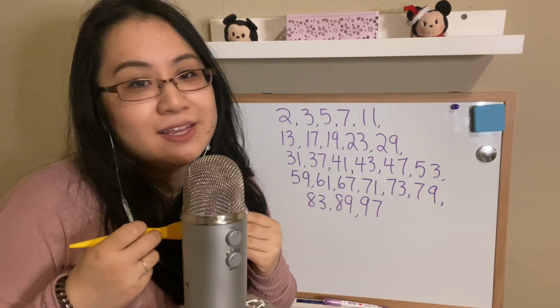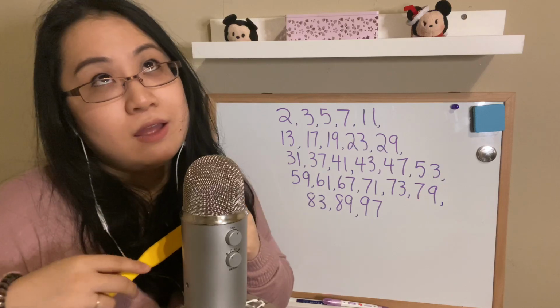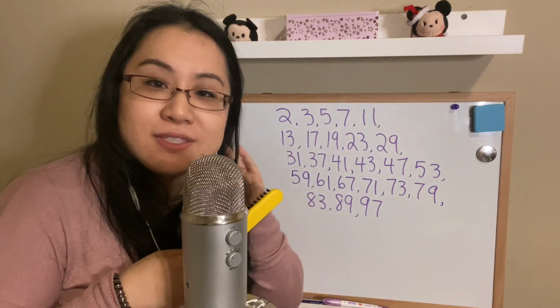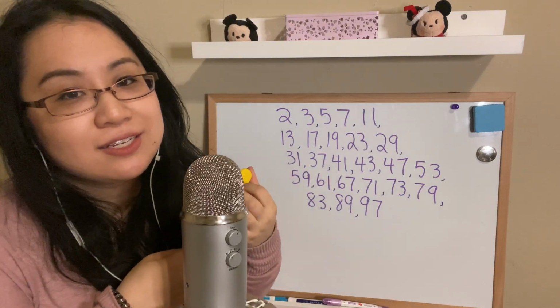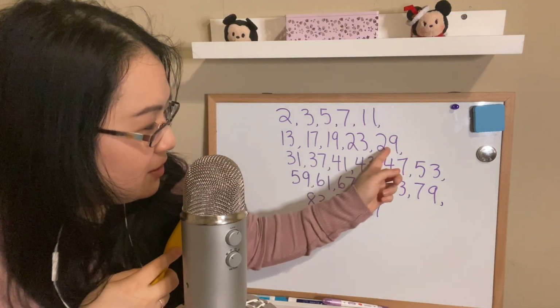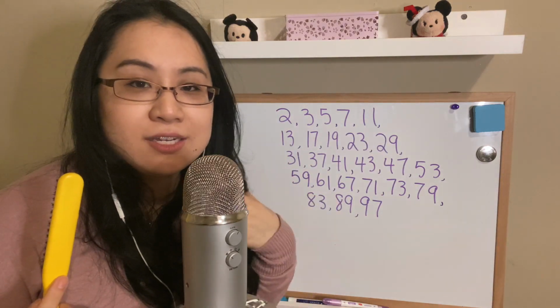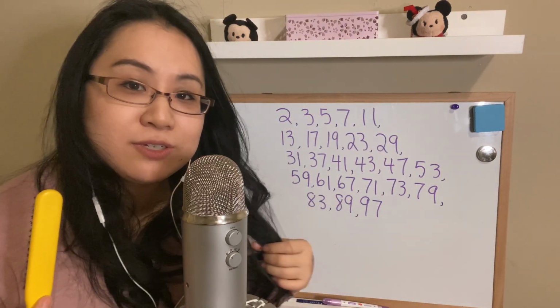28 is 4 times 7, right? So 2 squared times 7. 28. 29 is prime. 30 is 3 times 10, but 10 is 2 times 5.